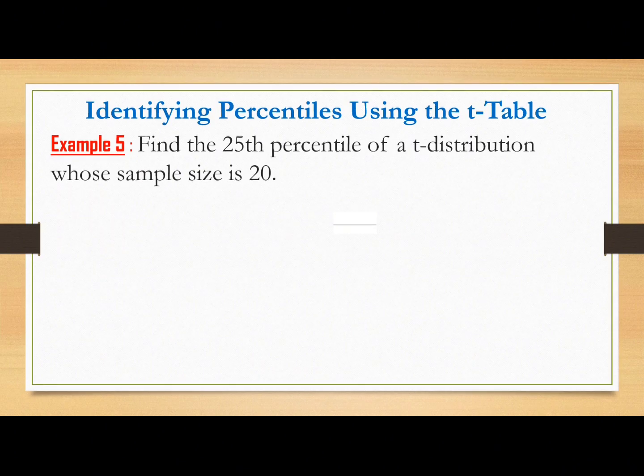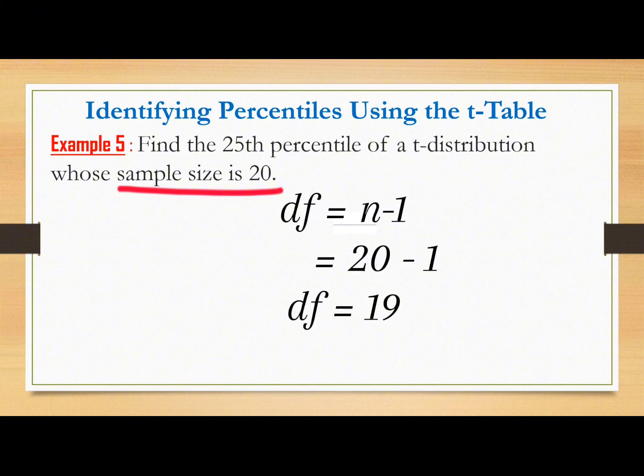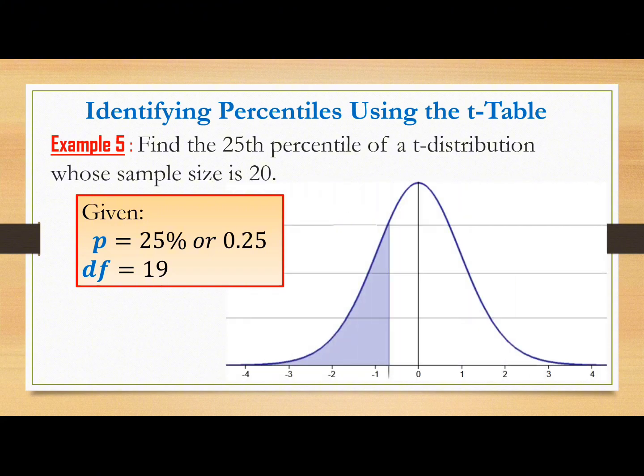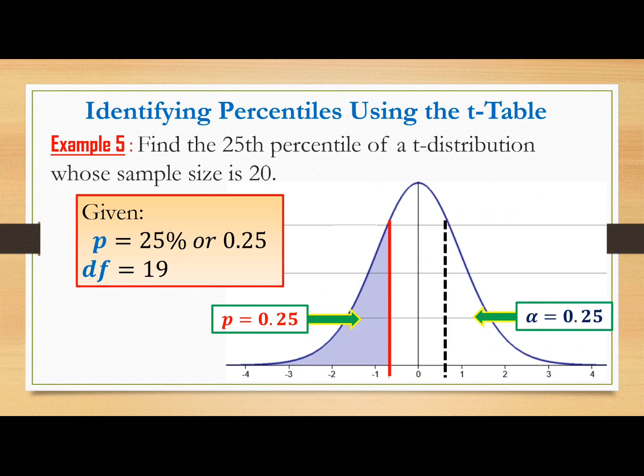Okay, for our last example, find the 25th percentile of a t-distribution whose sample size is 20. The given is the sample size, and the degrees of freedom is not yet given. To get the degrees of freedom, we convert the sample size of 20 to degrees of freedom using the formula df is equal to n minus 1. So, the sample size of 20 minus 1, our degrees of freedom is 19. Since we now have the percentile and degrees of freedom, we illustrate it on our curve. You'll notice our percentile is again less than 50.